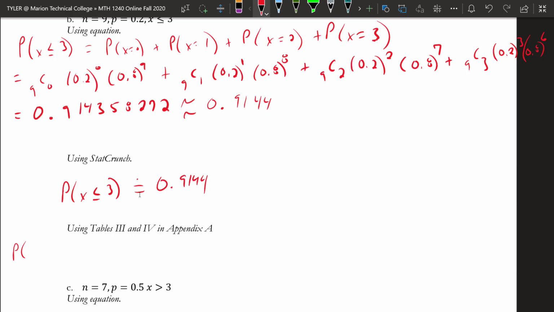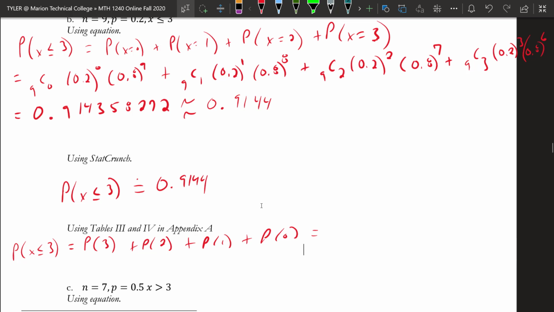to be able to find this using the table, there's two different ways that we could do this. This would be equal to the probability that x is 3 plus the probability of 2 plus the probability of 1 plus the probability that x is 0, like we talked about, right? So x less than or equal to 3 means you're going from 3 all the way down to 0.